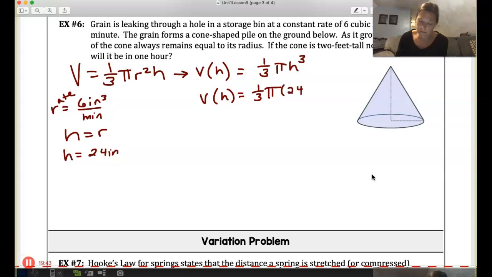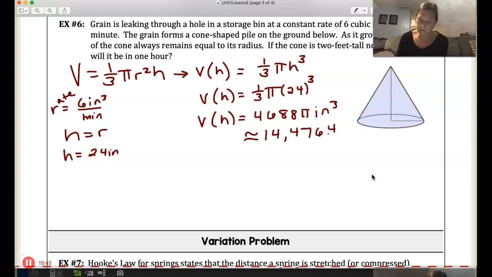So 24 inches cubed. All right, I'll do the math for us. So my exact answer is 4,608 pi inches cubed, which is equivalent to 14,476.46 inches cubed. You can trust me on that math. Did it twice. We should be okay. All right, so this is my volume now.